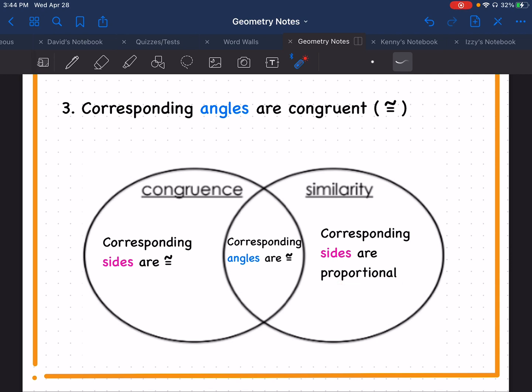We're going to see that factor of A over B. In both of them, notice right here in the middle where they share it, the corresponding angles are congruent. Okay, so that means if I have two congruent figures, they are automatically similar. But if I have two similar figures, they are not automatically congruent because similar says one's big, one's small.